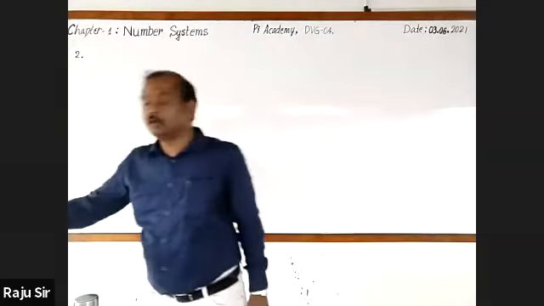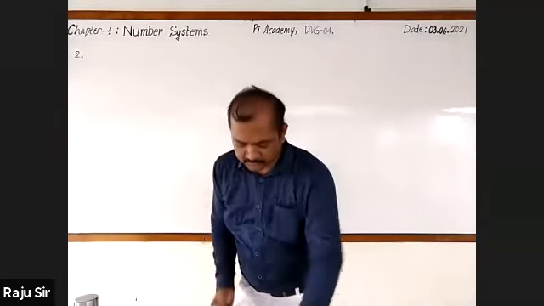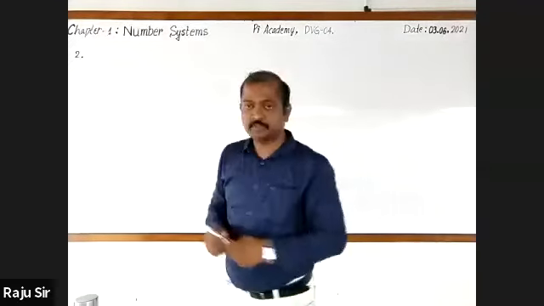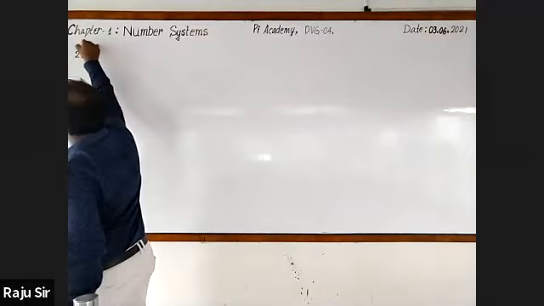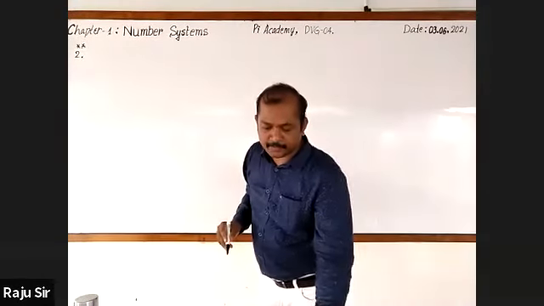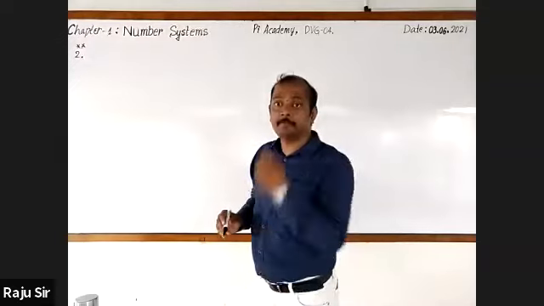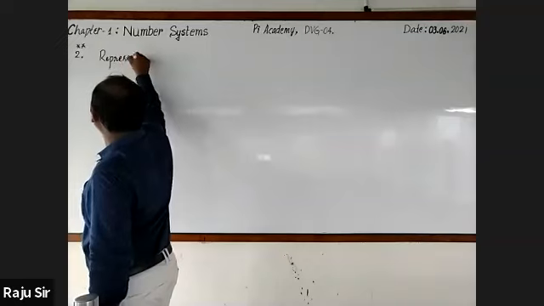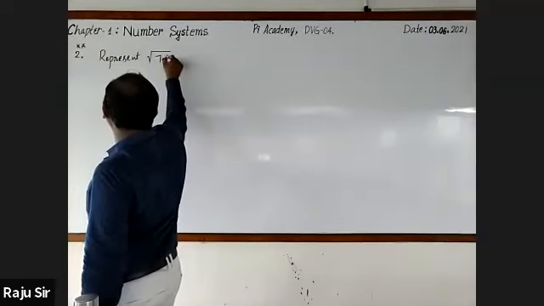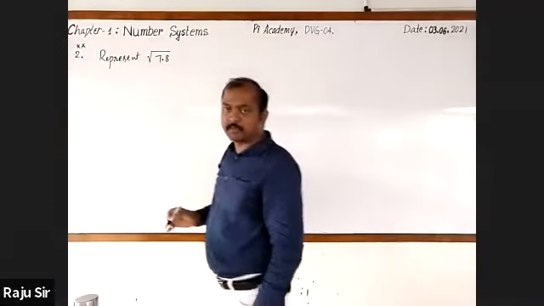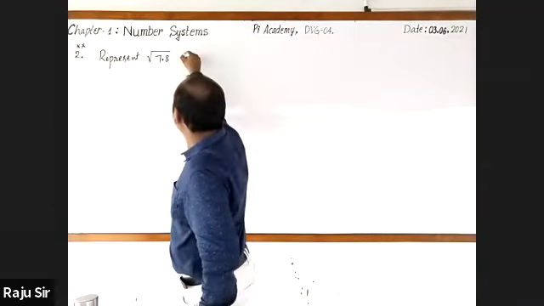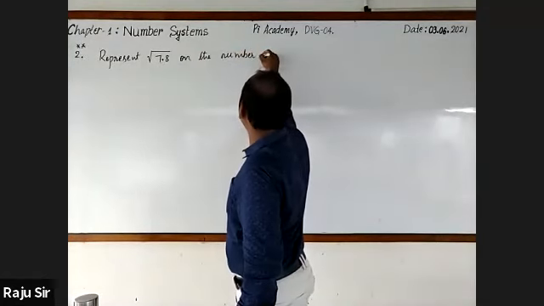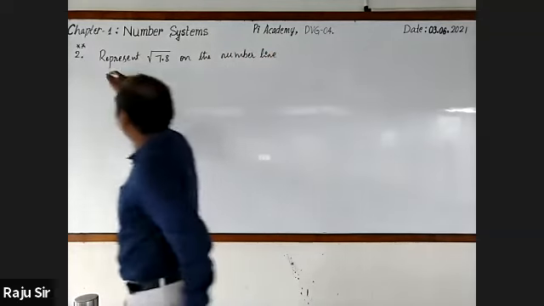Okay, now let's go on to the next one. I'm going to take the statement which was given in the examination. Put double star mark and write. This is the second one. Represent square root of 7.8 on the number line geometrically.